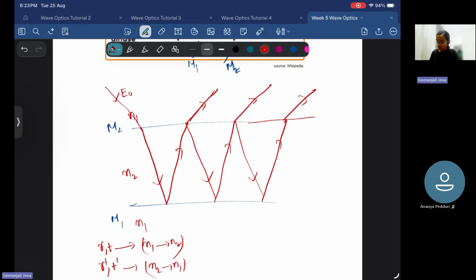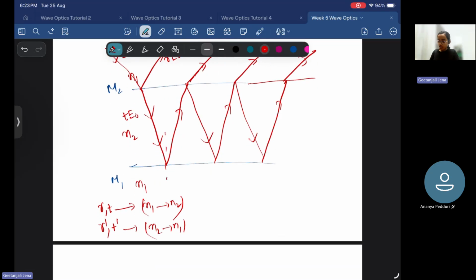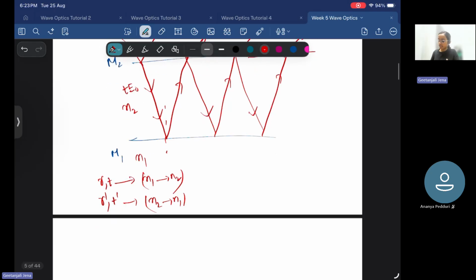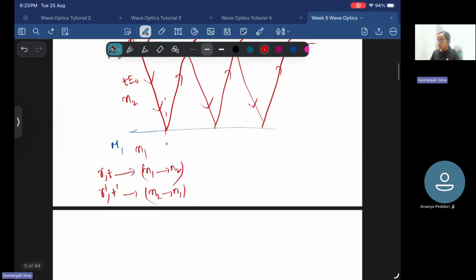Let's say the incident amplitude is E0, then the transmitted will be TE0 and the reflected will be RE0. Similarly, we have used the reflection and transmission coefficients to calculate the intensity of the reflected light and the intensity of the transmitted light.